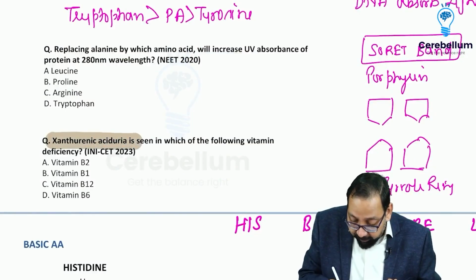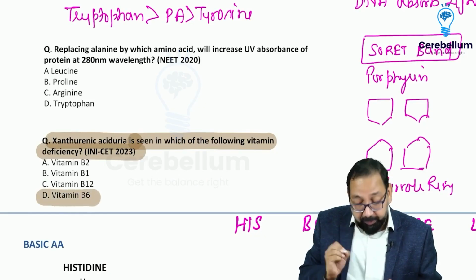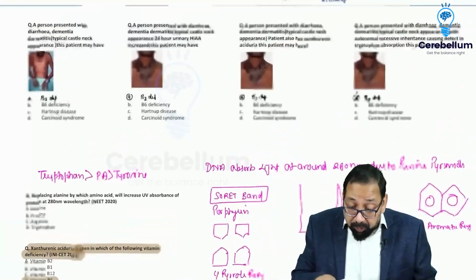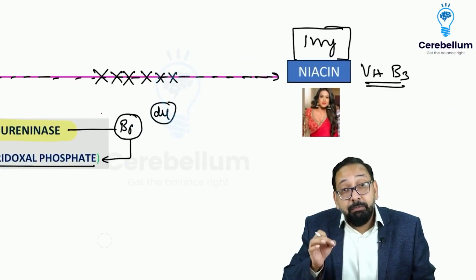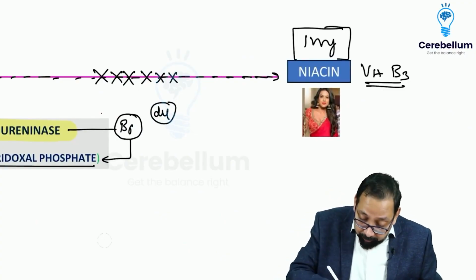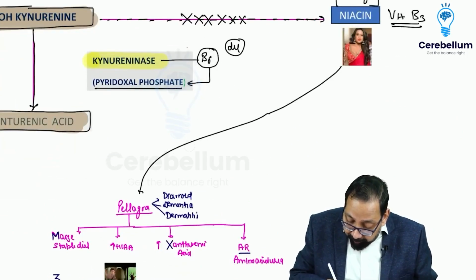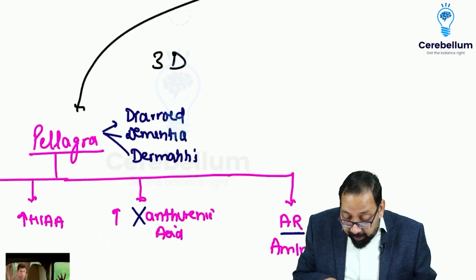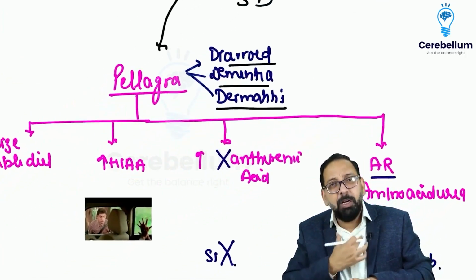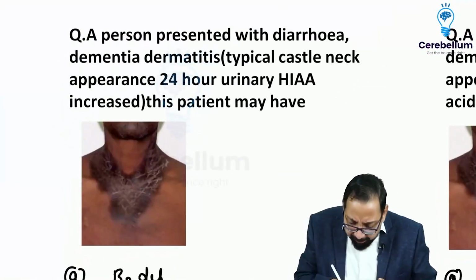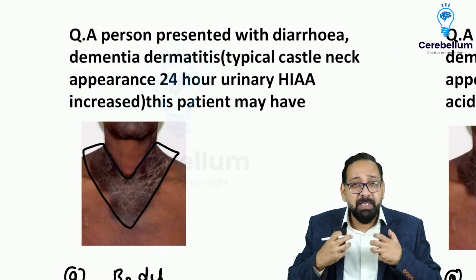Xanthurenic aciduria is seen in which of the following vitamin deficiency? Answer is B6. We know that B3, niacin deficiency leads to pellagra. Pellagra symptoms are 3D: diarrhea, dementia, dermatitis. And dermatitis is typical Casal's necklace appearance. Image-based question, typical Casal's necklace appearance. Sun-exposed area, burning sensation would be there.